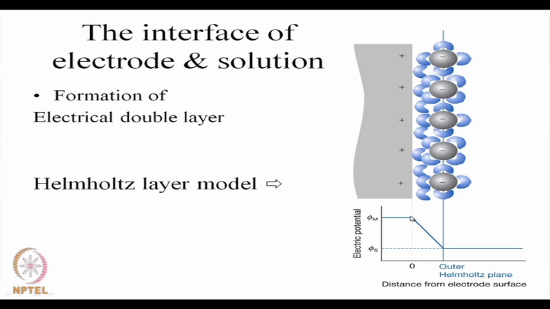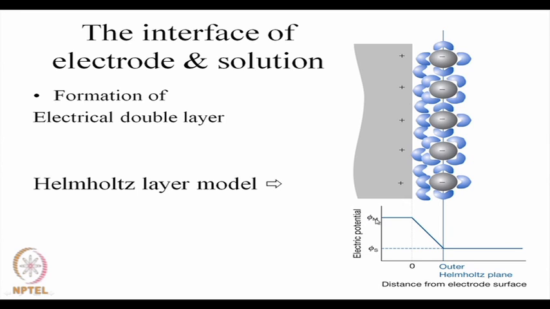Then it gradually decreases. The effect of this plus charge gradually decreases, and ultimately at a certain point it minimizes and then remains flat. This point is called the outer Helmholtz plane, and this is based on the Helmholtz double layer model. This axis is the distance from the electrode surface, so the electrode surface is 0. As distance increases, the potential decreases almost linearly.